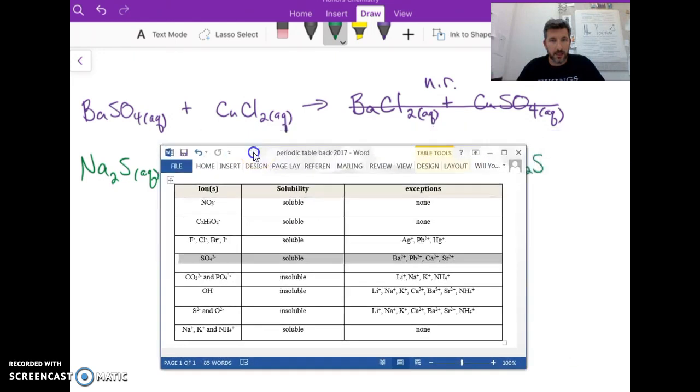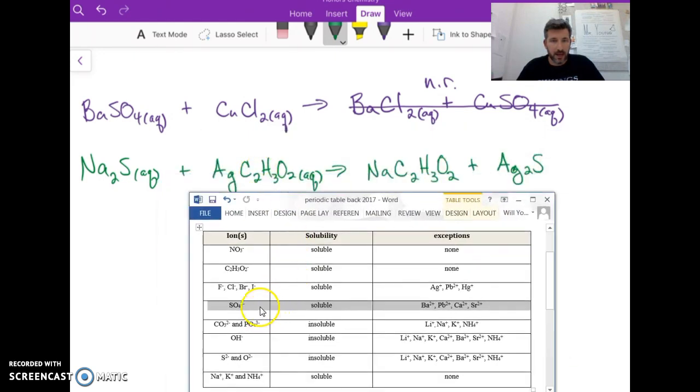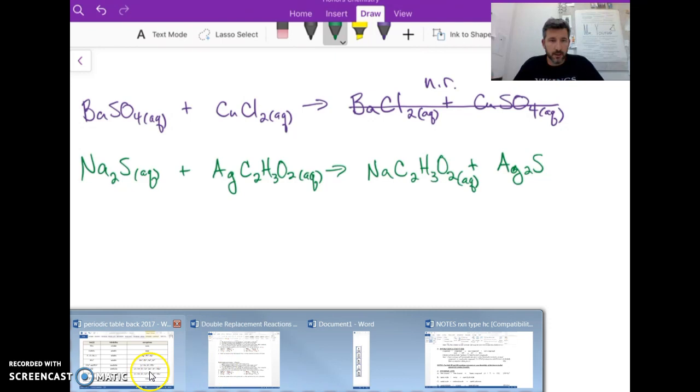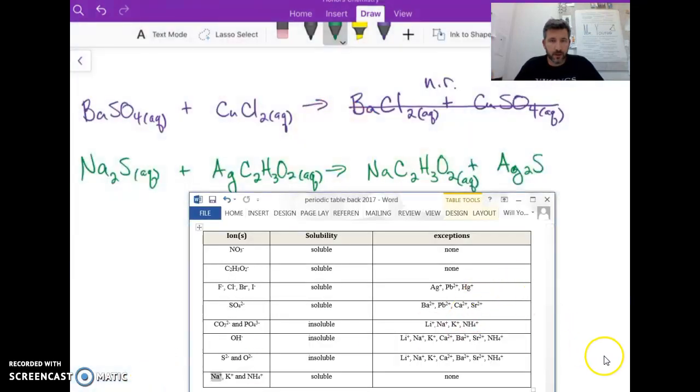So sodium acetate, if I look at my rules, acetates are pretty much always soluble, no exceptions. And we could also say sodium at the bottom down here is always soluble, no exceptions. So sodium acetate is definitely aqueous. So if silver sulfide is also aqueous, we have another no reaction. Let's see what happens here. So I'm going to look at my rules again.